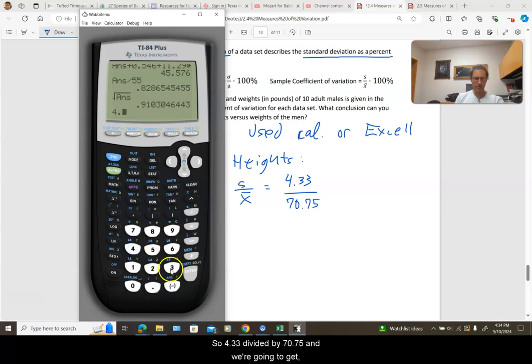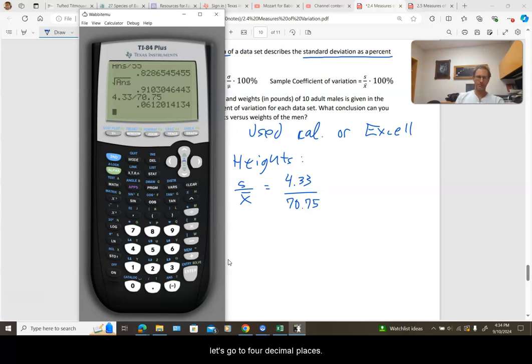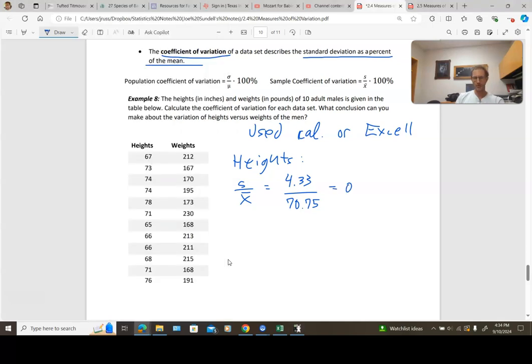So 4.33 divided by 70.75, and we're going to get, let's go to 4 decimal places, 0.0612. And if we multiply this by 100, this is going to become 6.12%.